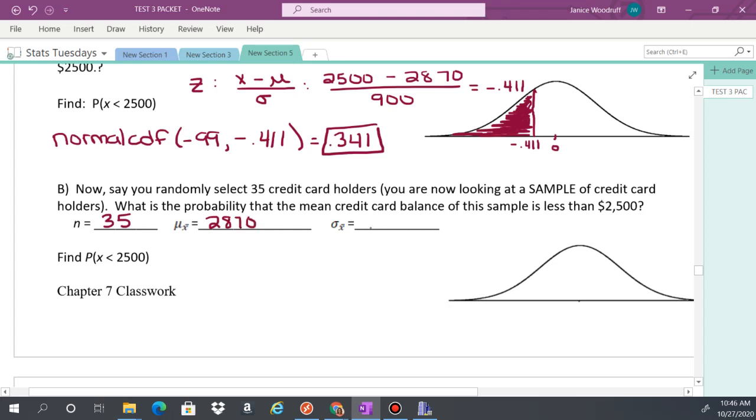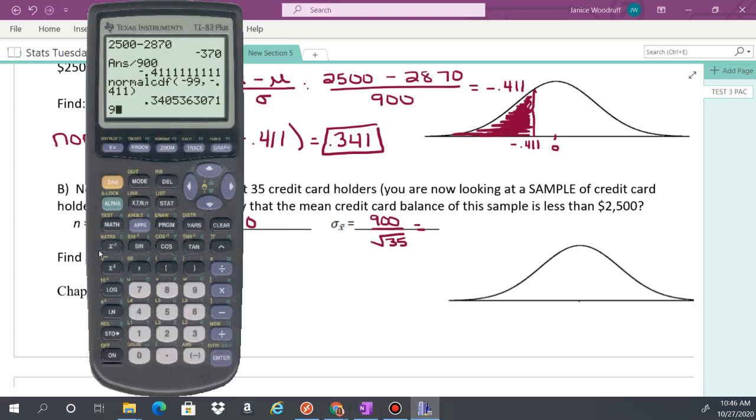And now you have the standard deviation of your sample, which is the standard deviation of your population, which was 900, over the square root of your sample size, 35. So we'll find what that is. So 900 divided by the square root of 35 will give us 152.128.